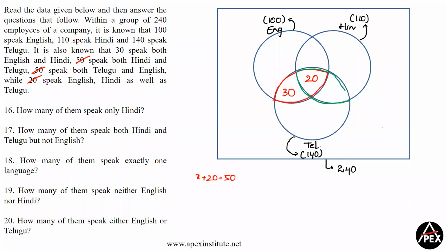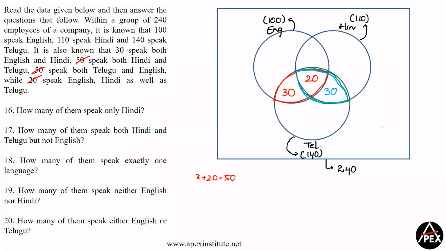So this should represent 50 people. We already have 20 people speaking Telugu and Hindi. These 20 speak all the three languages, isn't it? So I can say that this region will have 30 people. So we have 30 people speaking only Telugu and Hindi.